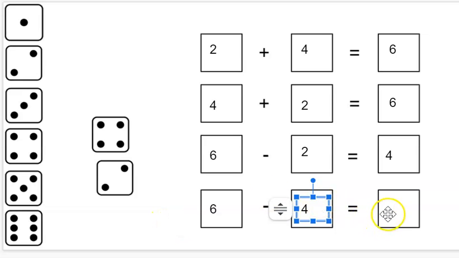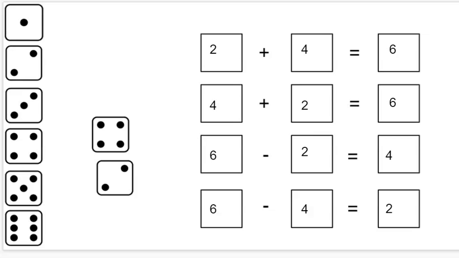What if I subtract 4? What am I left with? That's right, 2. So let's look at these numbers. So I created a subtraction equation using the same digits. That's because addition and subtraction are inverse properties of each other.